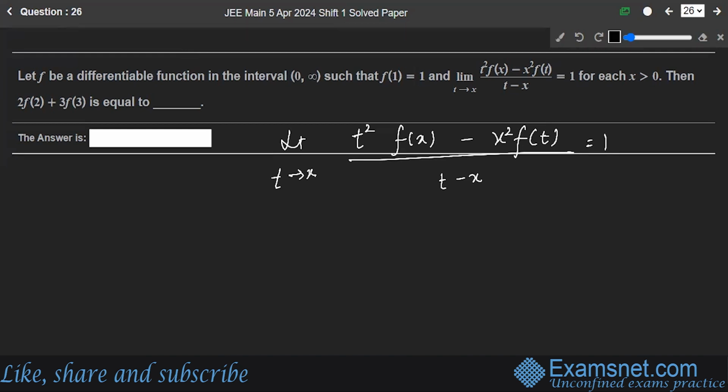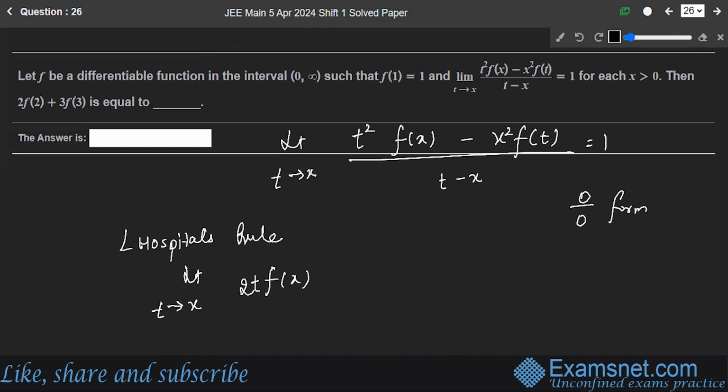So if you put limit t approaching x, this will be 0 upon 0 form. That means you have to apply L'Hospital's rule over here. That makes limit t approaching x, it will be 2t, and f(x) will not change. This will be the same, minus x squared into f dash t upon 1. This is equal to 1.